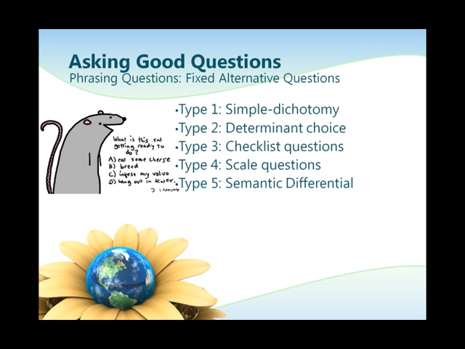For example, if we were interested in studying President Obama's performance and we wanted to use a semantic differential scale, on one end we would have adequate, on the other end inadequate, and your respondent would choose among a scale of anywhere from completely inadequate to extremely adequate, whatever you wanted to put.